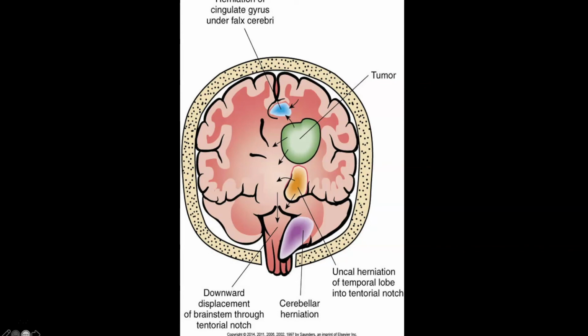So this is a picture here of the skull, and we have a few different kinds of objects that are in the skull here. So first of all, let's start with the big green one in the middle there, the tumor. What this is trying to illustrate is what happens when we have some kind of an object in the skull and how it's going to make everything shift for herniation.